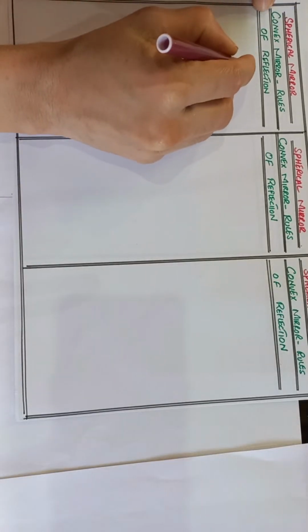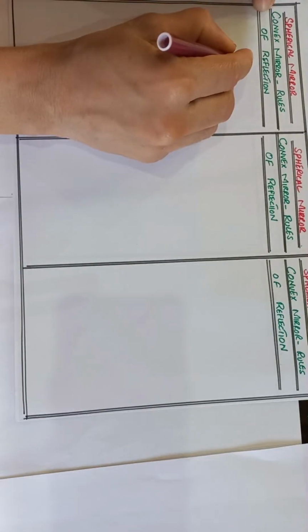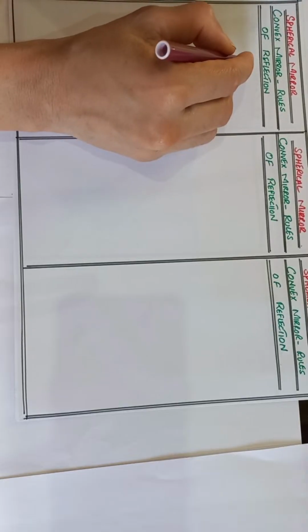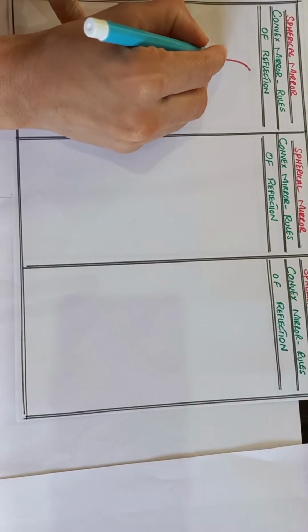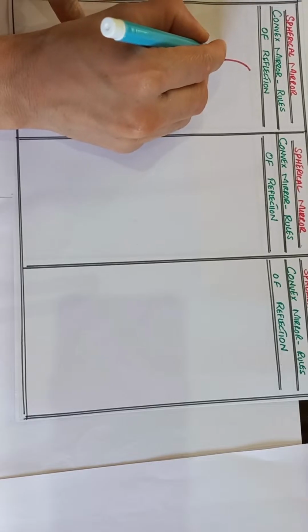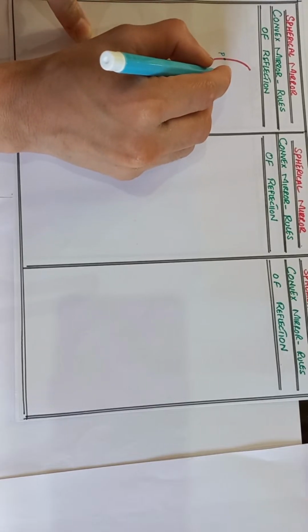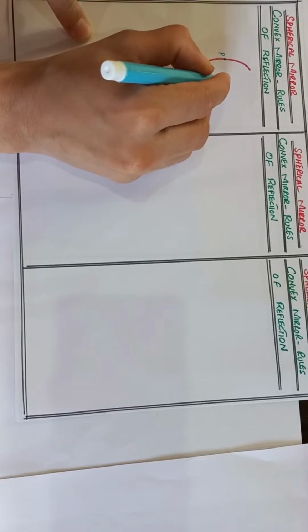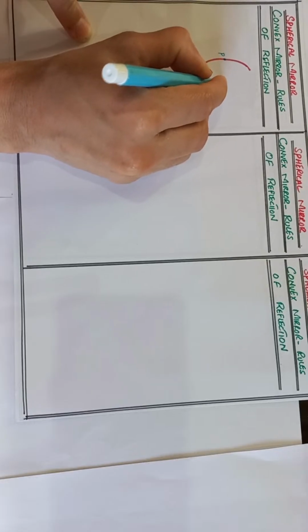Here we take the convex mirror. In the convex mirror, this is the center of the convex mirror, that is the pole, and the focus of the convex mirror is behind the convex mirror.